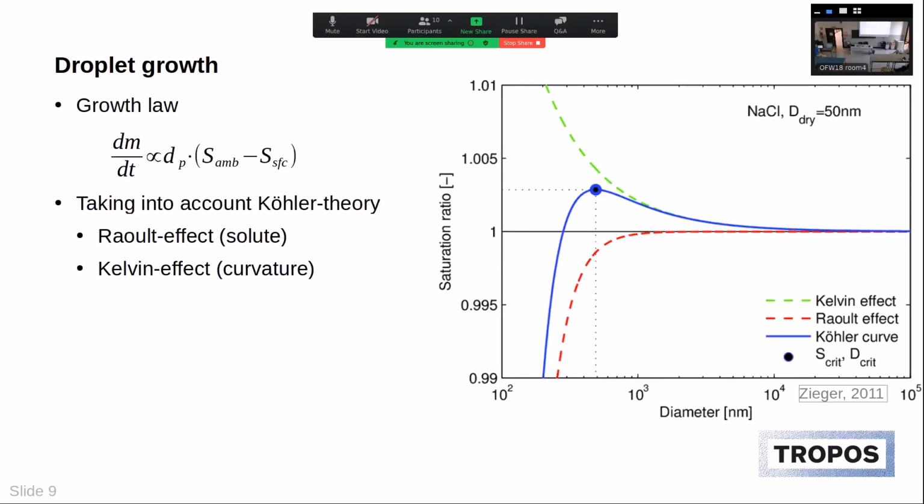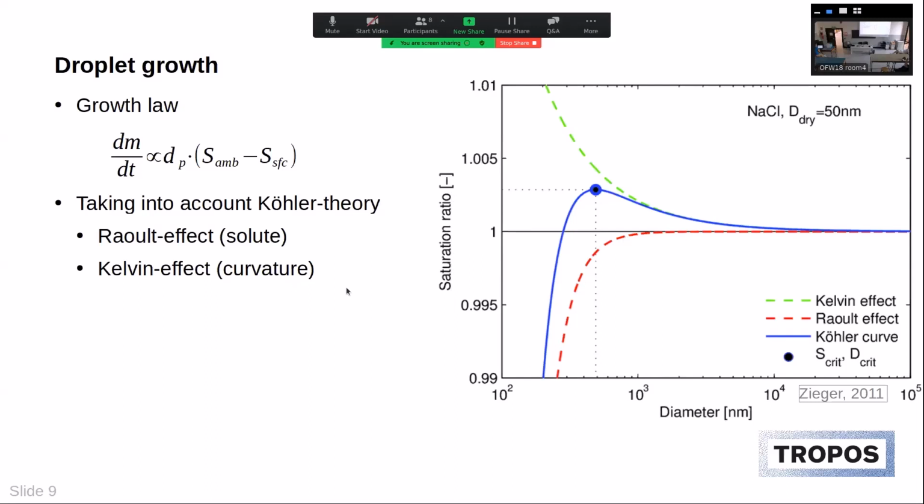The Raoult effect says that, depending on the amount of solute that went into solution in the droplet, there is a depression of the surface saturation ratio, which you can see here in this red curve.